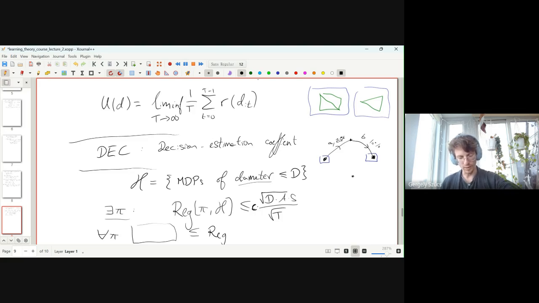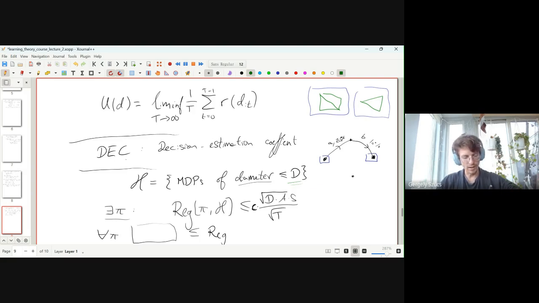To address Mateusz's question, here the diameter is a measure of how hard this learning problem is. The bigger the diameter of the MDPs you allow, the harder it gets to learn, because if you make a mistake, it might take a long time to come back.